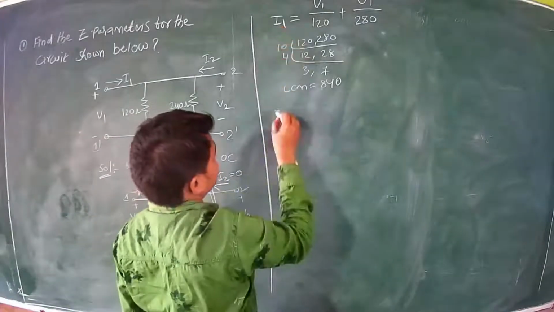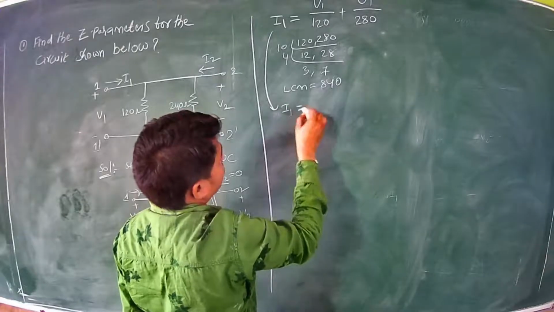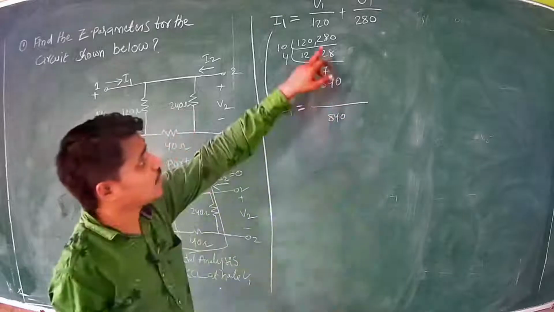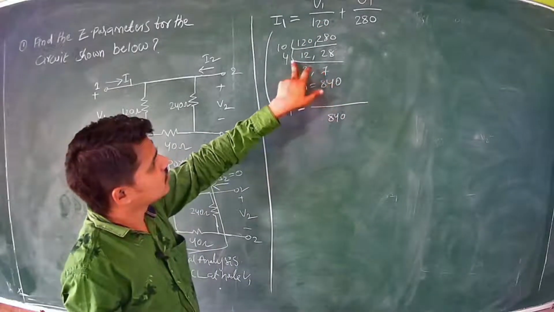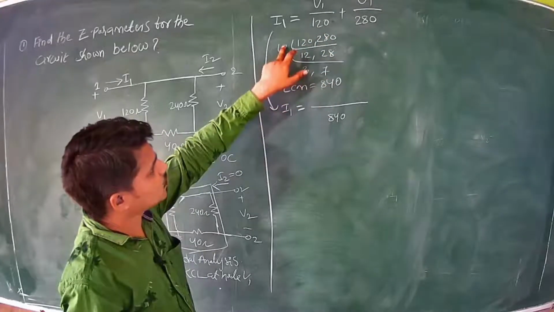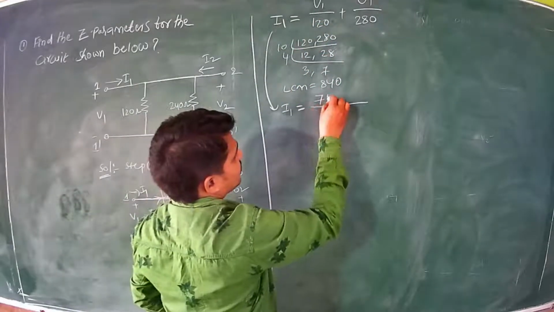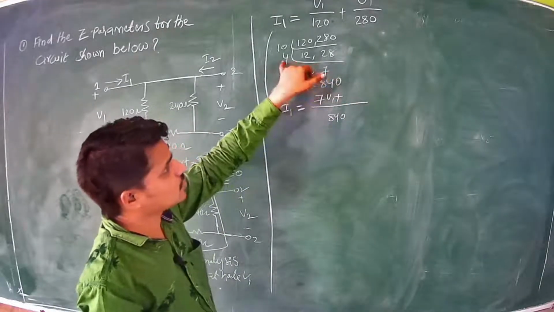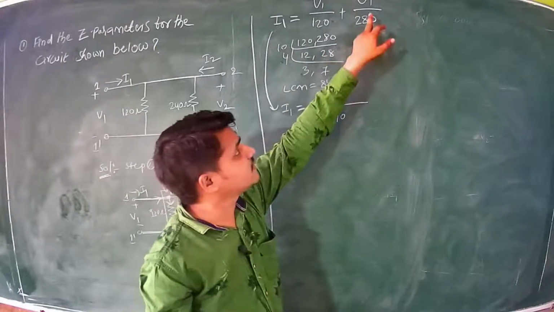Therefore this equation becomes I1 equal to, with LCM 840. To get 840 in the denominator, 120 is already there; 4 3s are 12, into 10, 120, that means you multiply by 7. So 7 V1 plus, 280 is already there; 7 4s are 28, into 10, 280, that means you multiply by 3.